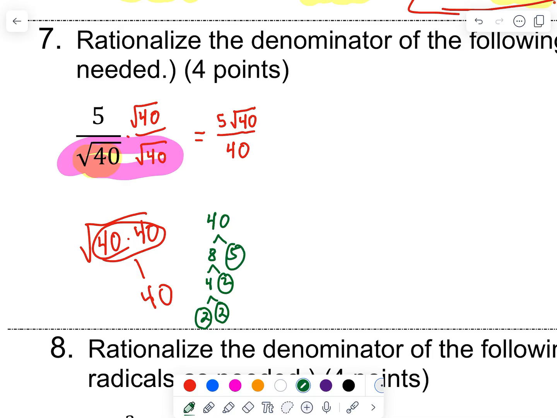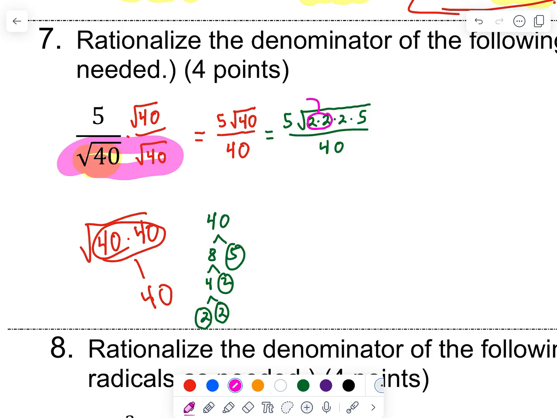So this would be 5 times, 40 is the same thing as saying 2 times 2 times 2 times 5. This is over 40. Let's circle our pairs. I have a pair of 2's, and that's it.